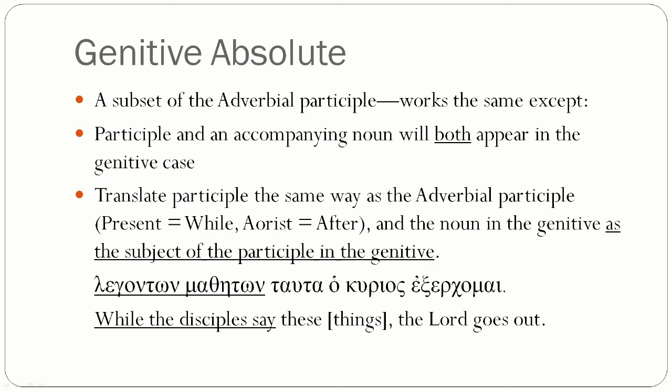So while the disciples are saying, or while the disciples say, what are they saying? They're saying tauta, these things. Then we finally get to the main sentence, ho kurios exerchetai, the Lord goes out. Full sentence again: while the disciples say, or while the disciples are saying these things, the Lord goes out. Genitive absolute.